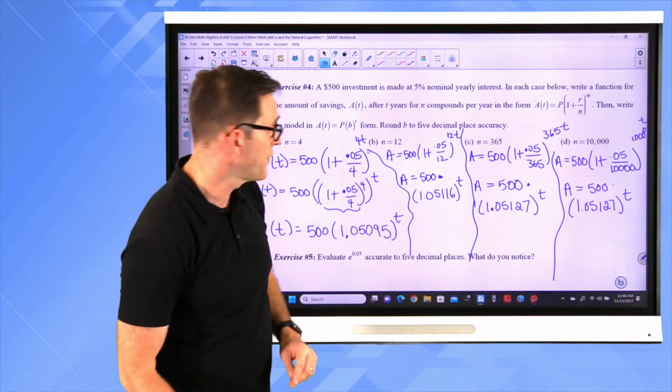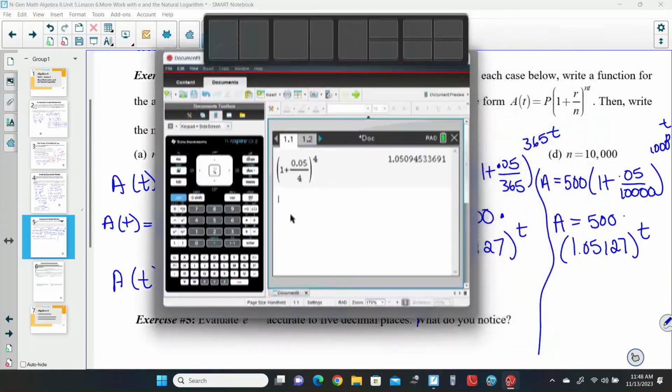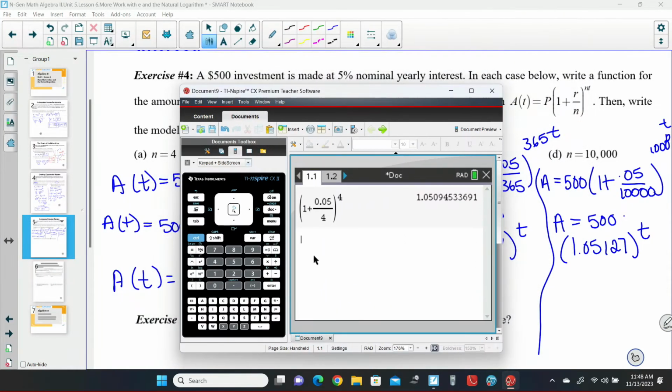Now, rounded to 5 decimal places, these two gave us the same thing. They are certainly not the same number, so let me bring the calculator out and do those two calculations really quick. If I grab this one and change this to 365 and the denominator to 365 and hit enter, there's our 0.05127.